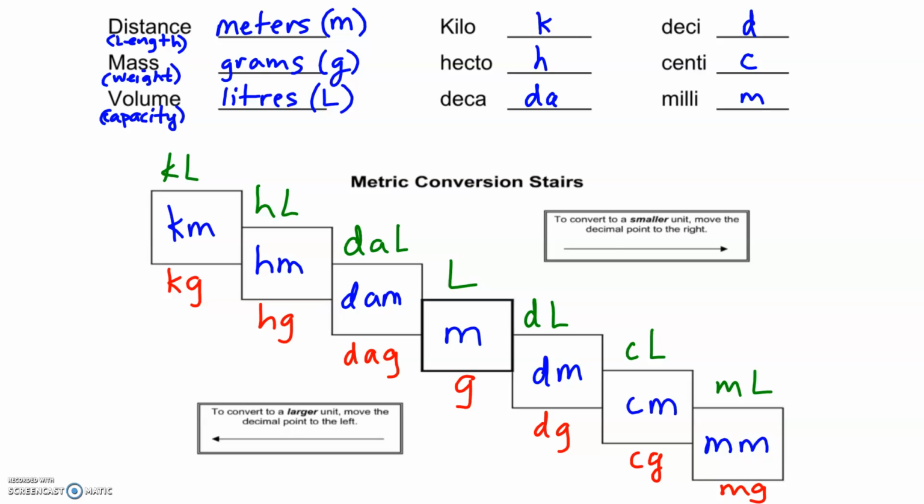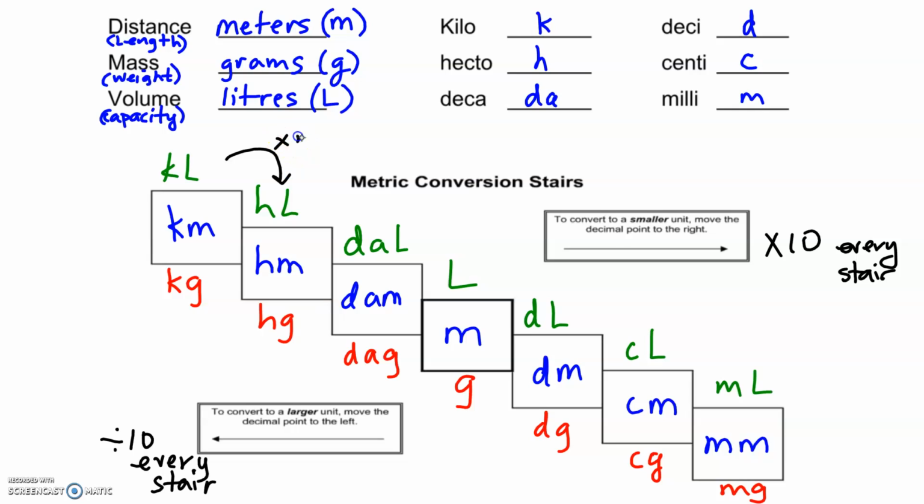So we multiply by 10 every stair, or we divide by 10 every stair. If I just move down one stair, I times by 10.